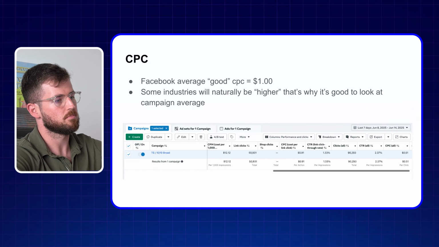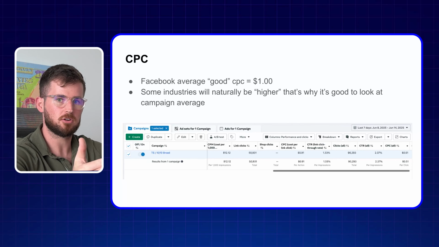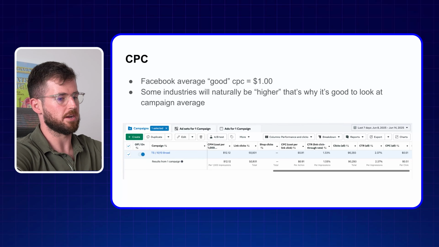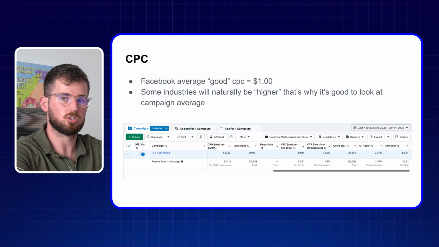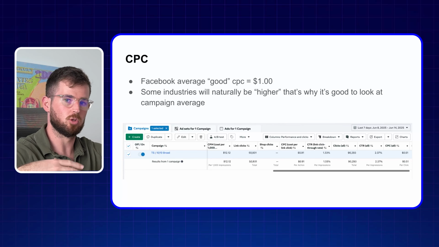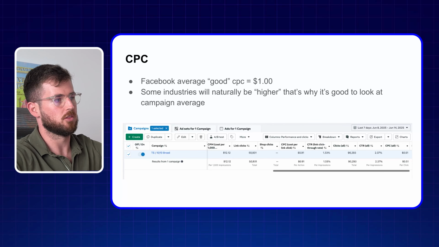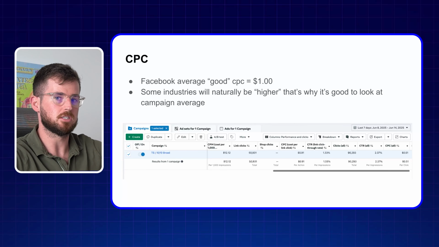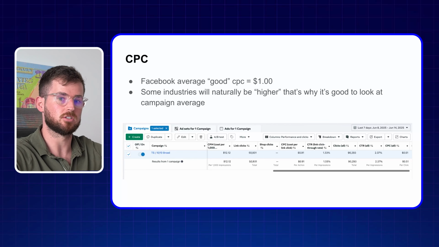But again, some industries will also be a little higher than others. For example, when we're running ads right now for one of our clients in the loan space, where they're dishing out loans to businesses and stuff like that, I think they have a $3 or $4 cost per click. Whereas other clients that are in the health and beauty space, health and beauty also has a really high cost per click due to the competitive nature of it.